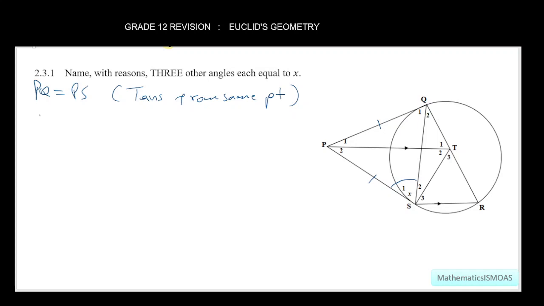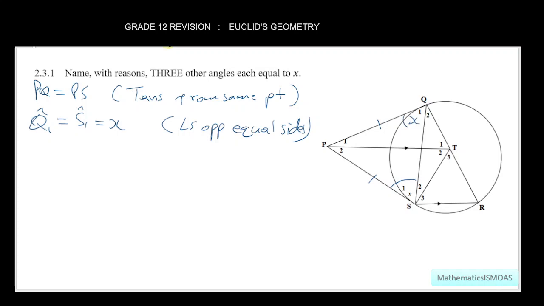Then we can say Q1 will be equal to S1, which is equal to x. The reason for that, remember we said triangle PQS becomes an isosceles triangle. Therefore, these are angles opposite equal sides. So that is the first angle.